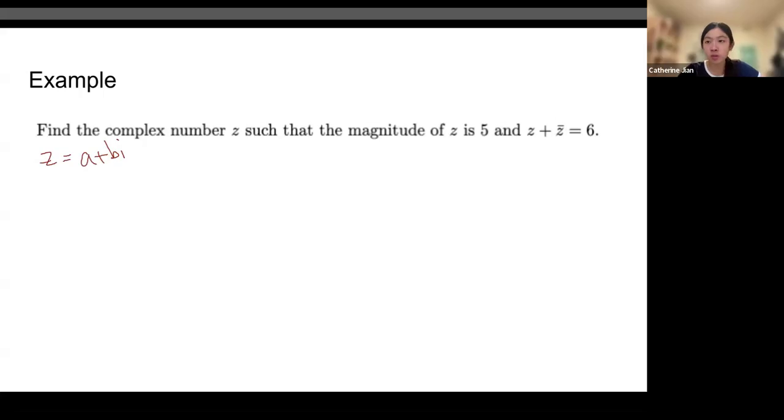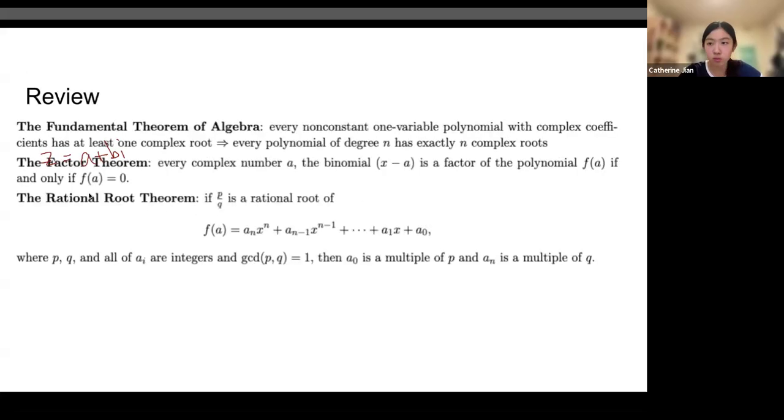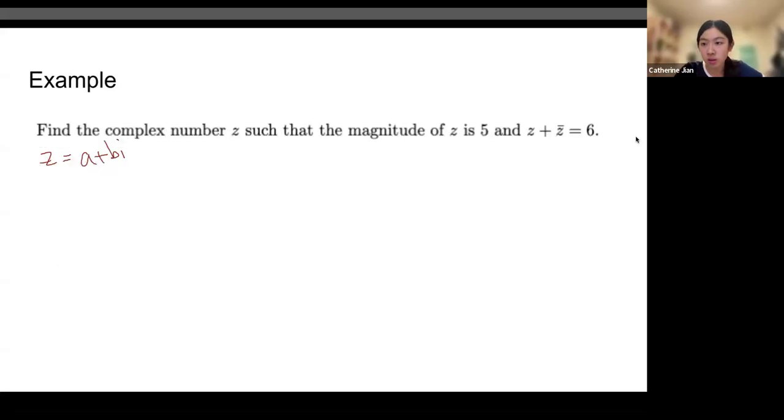Because we're given that z plus the conjugate of z is equal to 6, that means we know that 2a is equal to 6, so a is equal to 3.